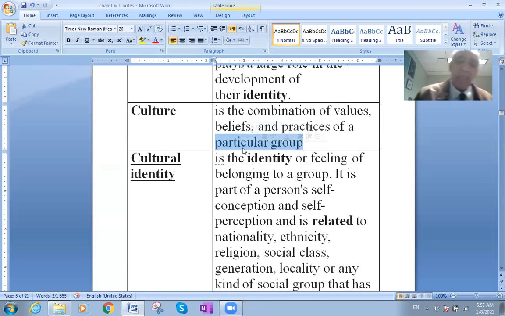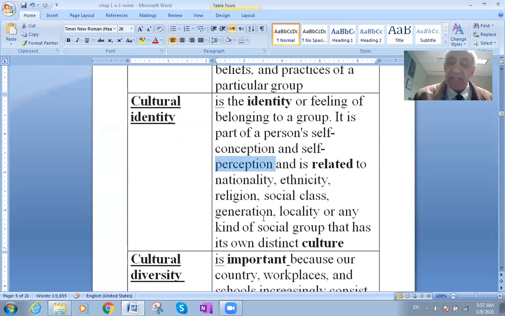So that's the way. Cultural identity is the feeling of belonging to a group. This is the identity. It is part of a person's self-conception and self-perception and is related to nationality, ethnicity, religion, social class, generation, locality, or any kind of social group that has its own distinct culture.